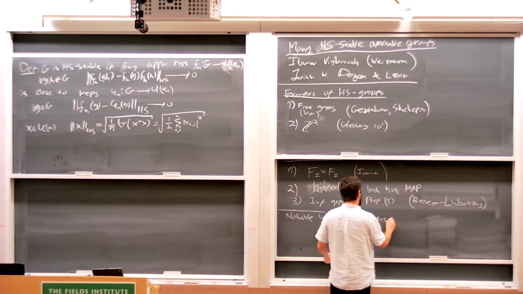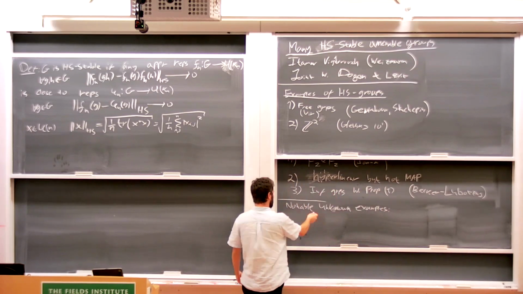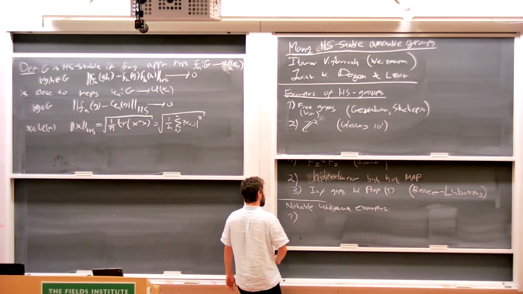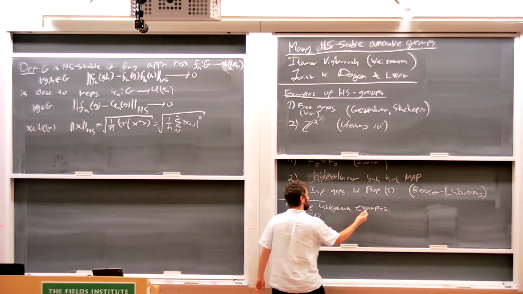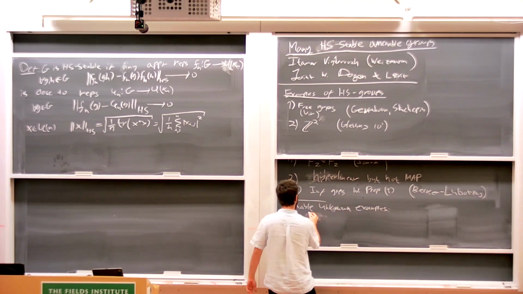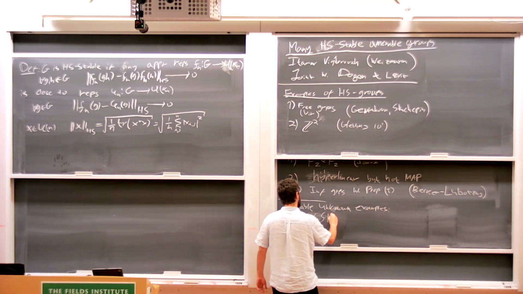And in fact, here are notable unknown examples. Consider these property T groups, where the question is flexible stability.